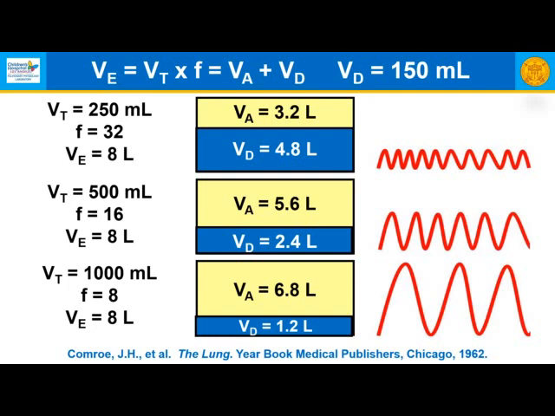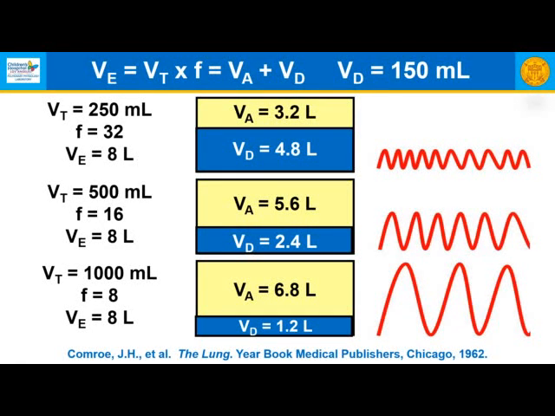Now, if somebody has kind of an extreme pattern, breathes only 8 times a minute, but a tidal volume of 1 liter, all these still are 8 liters per minute ventilation. But in this case, he has to only clear this 150 8 times, which is 1.2 liters, and alveolar ventilation is 6.8.